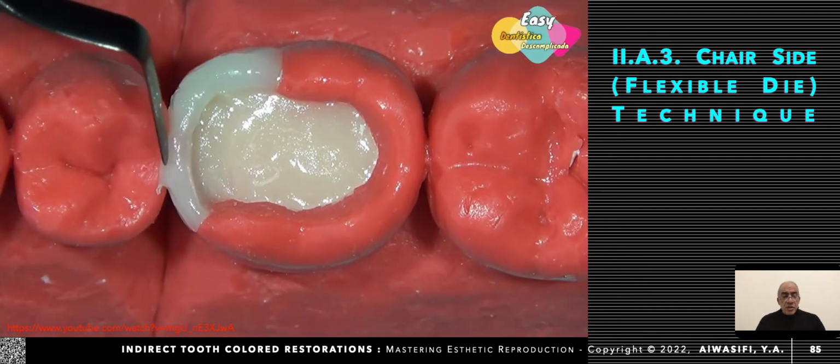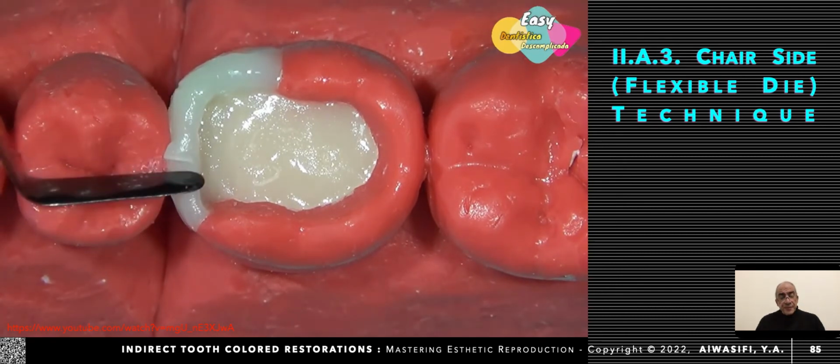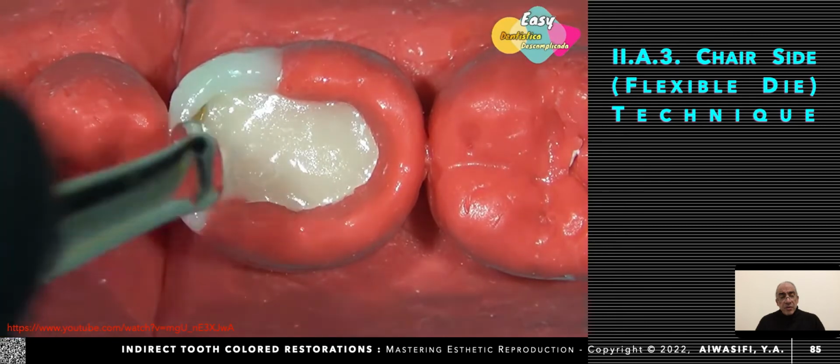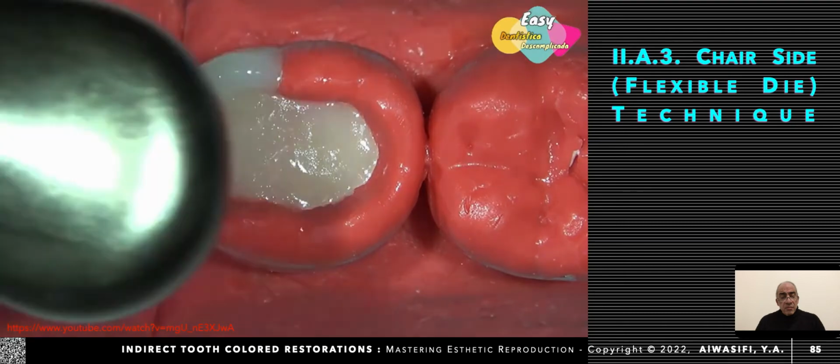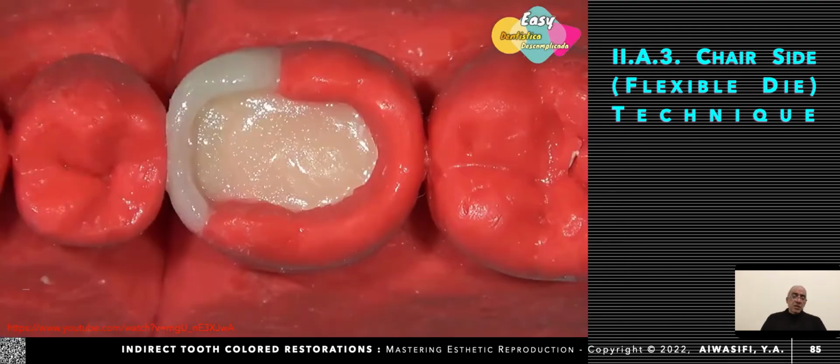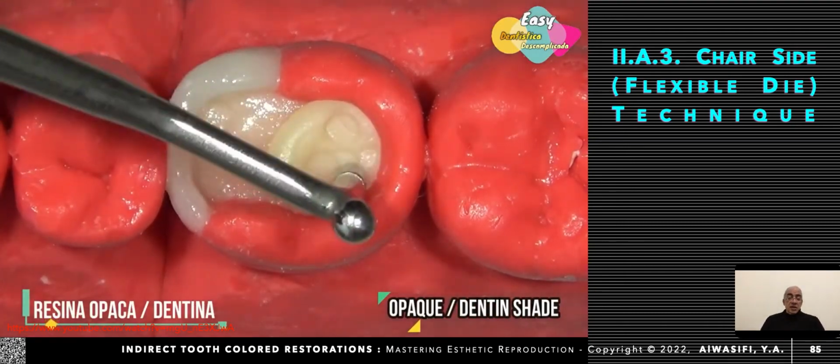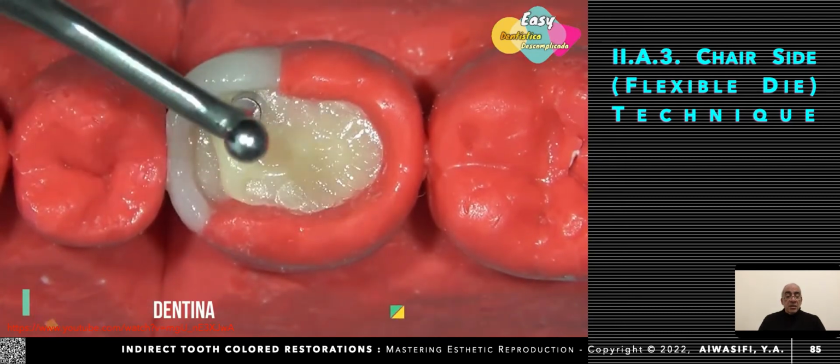It is just similar to that of building a composite resin restoration by direct technique, but it's much more accessible than building it intraorally.